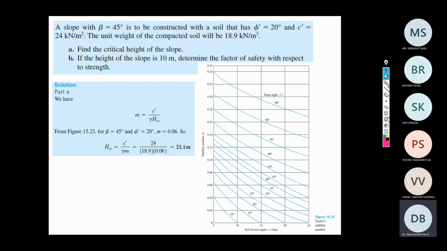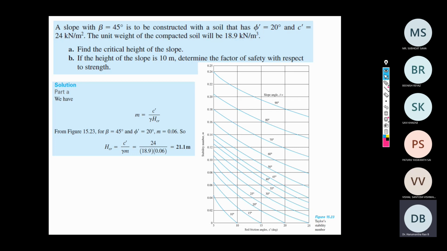Now if you compare this Taylor stability number graph with the previous one, there was no scope for embedding the friction angle of the slope. That means it was purely valid for cohesive soils. But this graph is valid for both c soil and phi soil, that is c-phi soil.